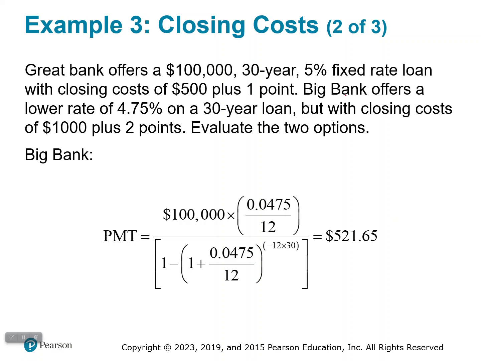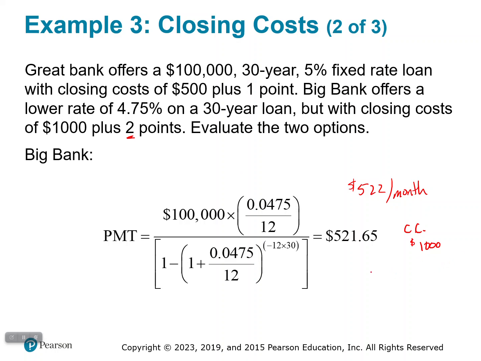Now, Big Bank offers this lower rate, and let's call that about $522 per month. But closing costs are $1,000 and 2 points.